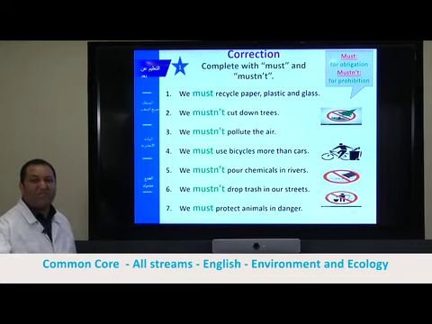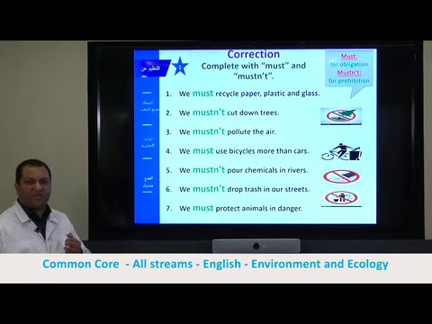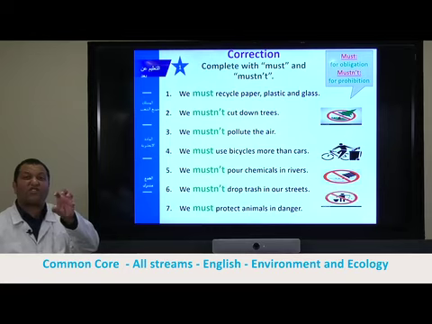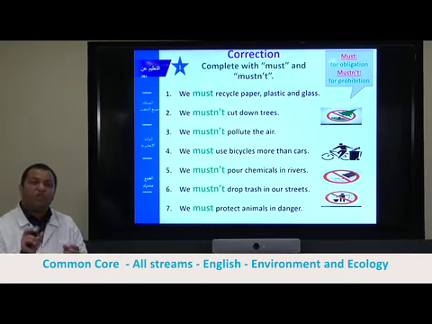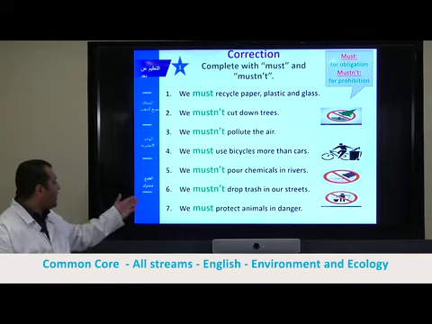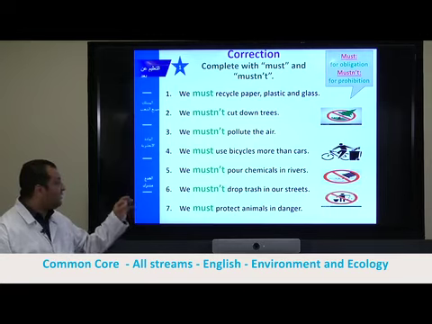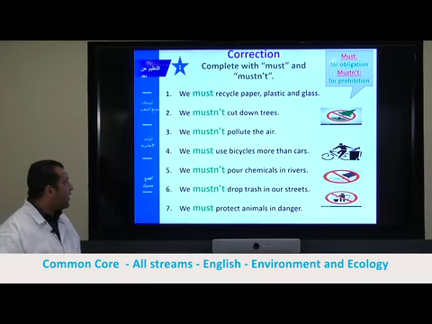Trash, rubbish. You're eating a biscuit and you're throwing the rubbish in the street. Please, there are trash bins. There are waste baskets we can use to throw this rubbish or trash. And finally, we must protect animals in danger, etc.